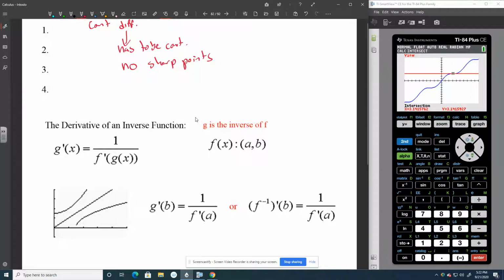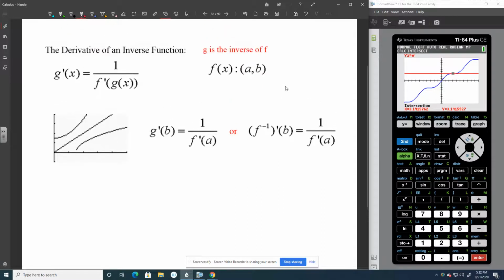Okay, so a few different ways, I guess, that we write this same stuff. It says that if G is the inverse of F, then G prime of X equals 1 over F prime of G of X. And I don't ever write it this way just because it's a lot to wrap your head around.